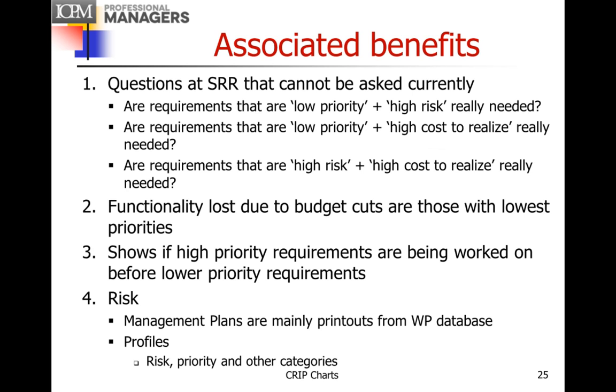And similarly, once we have the requirements prioritized, the moment we get a budget cut, we know what functionality is going to be missed. It's the functionality due to the requirements with the lowest priority.